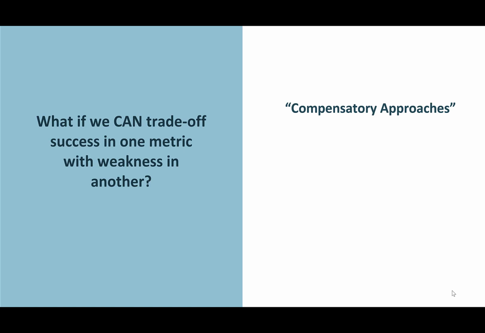So in this video, we're looking at situations where you can trade off success in one metric for a weakness in another. For instance, something that has a really long commute time, you might be willing to consider it if it's really inexpensive. These are called compensatory approaches, and there are a couple of ways to think about it.